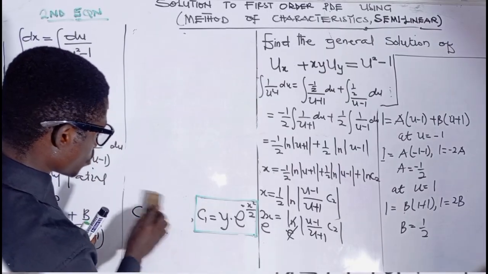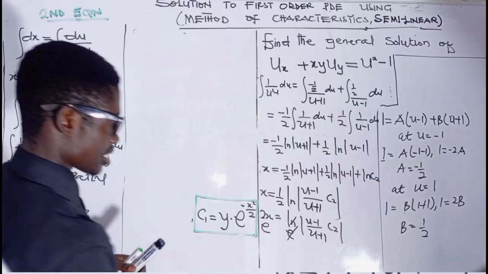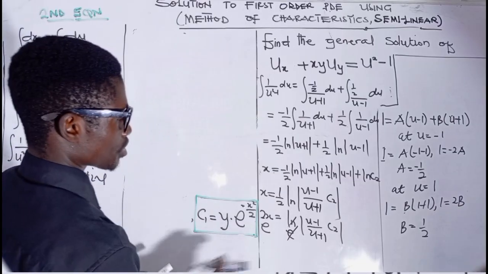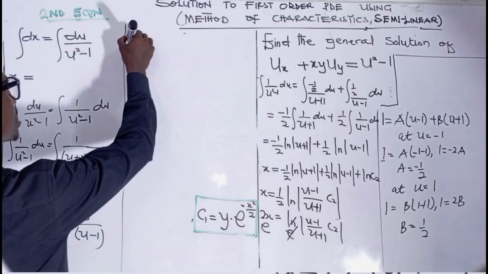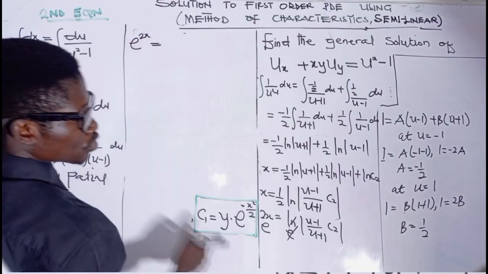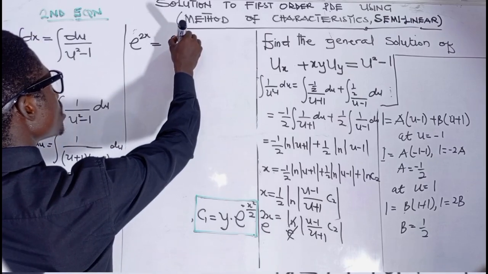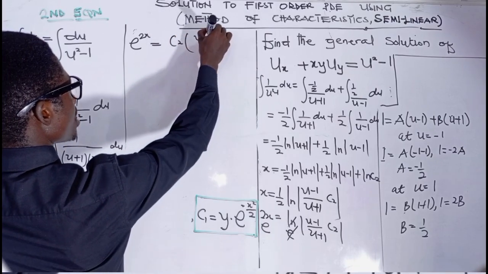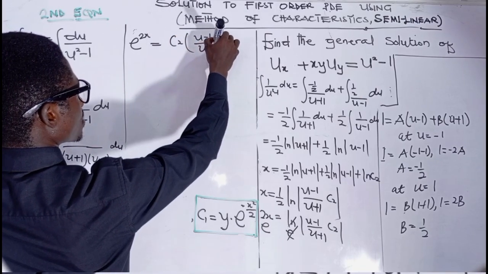Let's keep c1 the same because we'll be making use of it. So we are going to be left with e exponent 2x is equal to c2 multiplying u minus 1 over u plus 1.